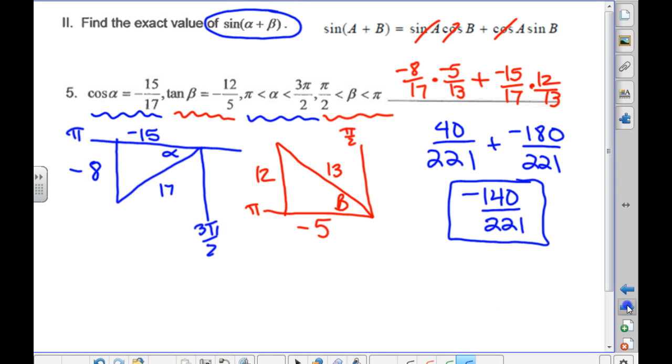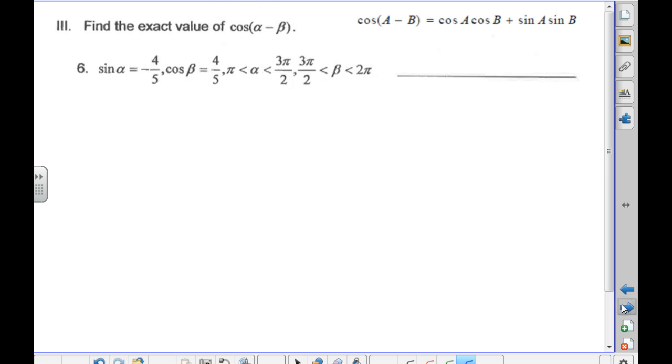All right. Can you guys work on this one? Notice the directions changed, okay? So we're doing cosine A minus B on your identities sheet. Okay, but try drawing these. Somebody else want to come up and do it or not? Go ahead, Sean.